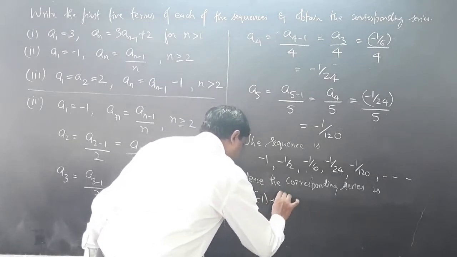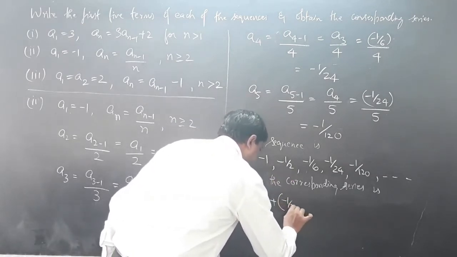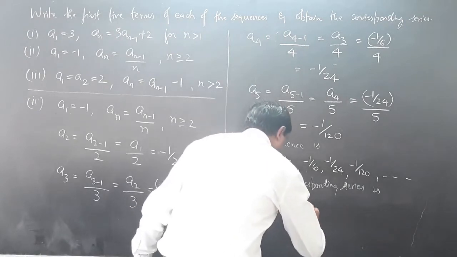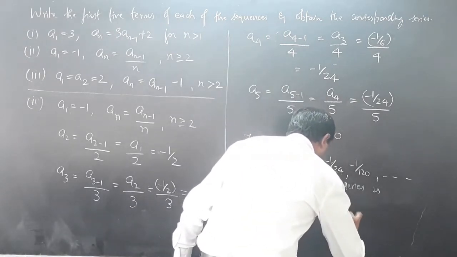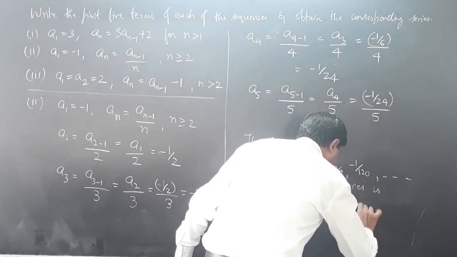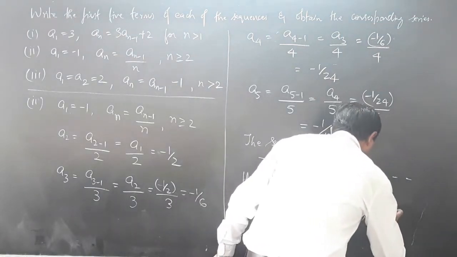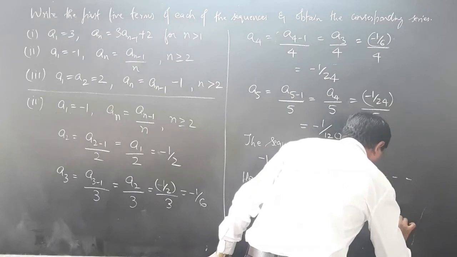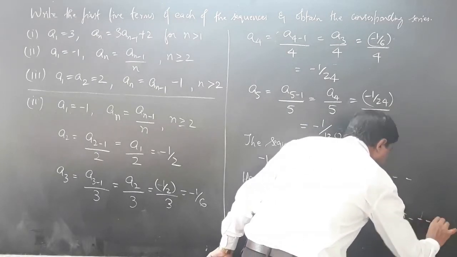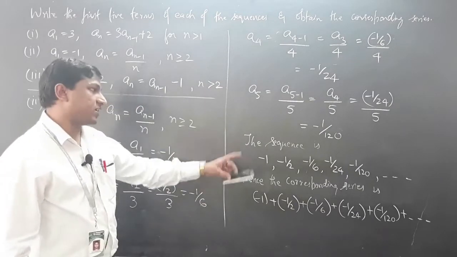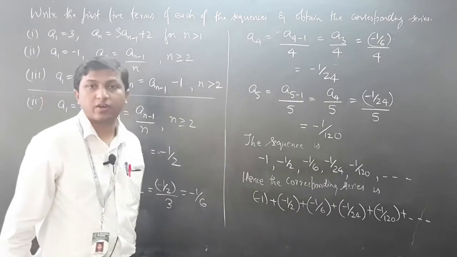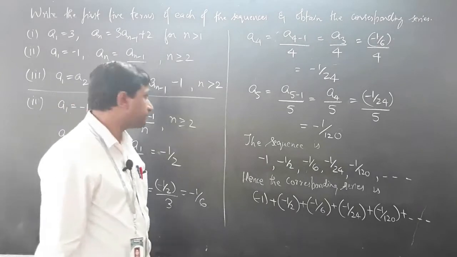Minus 1 plus minus 1 by 2 plus minus 1 by 6 plus minus 1 by 24 plus minus 1 by 120 plus so on. So we have found the sequence and also the corresponding series.